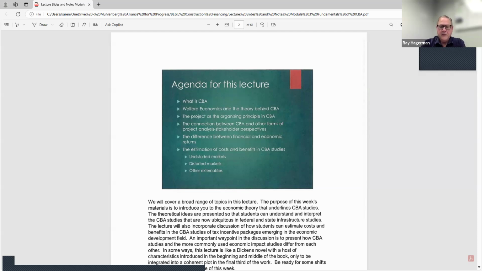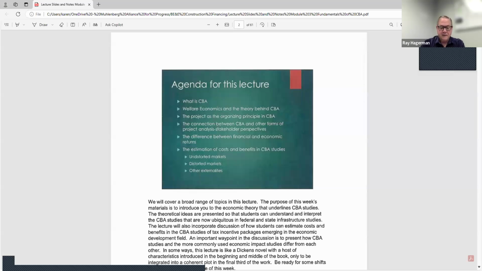Even though I'll talk through these and breeze through some of these slides, it is not all that important to be able to make those calculations in distorted and undistorted markets in the back, but I do want you to know that because there may be a question or two, just generally speaking, as to those graphs and what some of those definitions are.